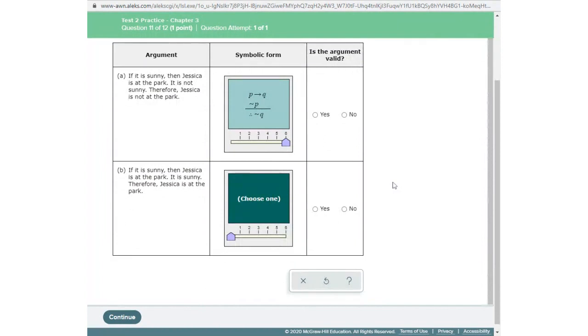If it is sunny, then Jessica is at the park. That part is still the same as this one up here. So it's if P, then Q. It is sunny, therefore Jessica is at the park.